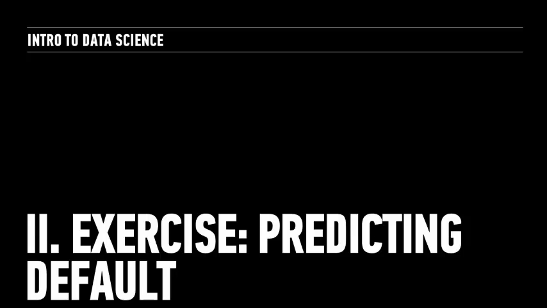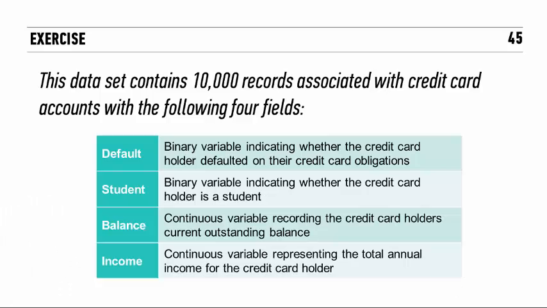So what I wanted to do now is really focus on what I think is the hardest part of understanding the logistic function. But to do that, I want to get into the data and actually explore a new data set that we haven't looked at yet. This data set contains 10,000 records associated with credit card accounts. And there are 4 fields in these credit card accounts.